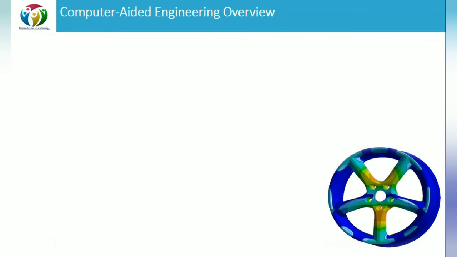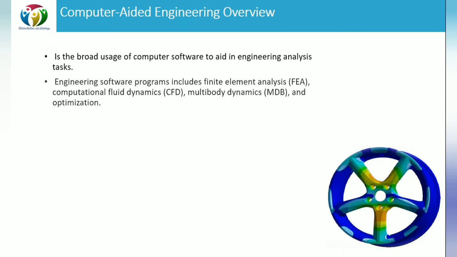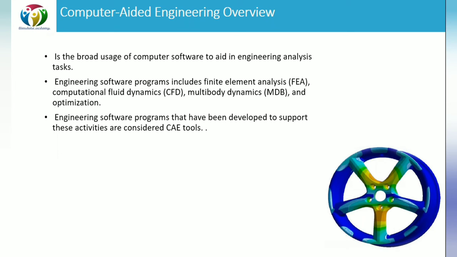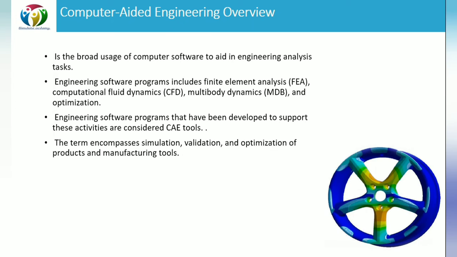Computer-aided engineering overview. It is a broad usage of computer software to aid in engineering analysis tasks. Engineering software programs include finite element analysis, computational fluid dynamics, multi-body dynamics, and optimization. Engineering software programs that have been developed to support these activities are considered CAE tools.